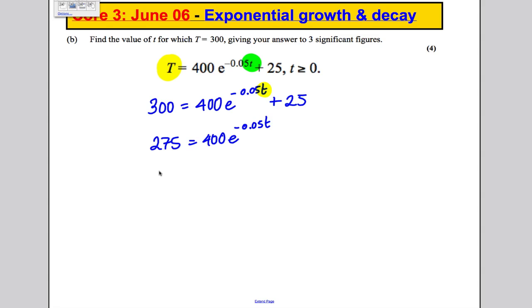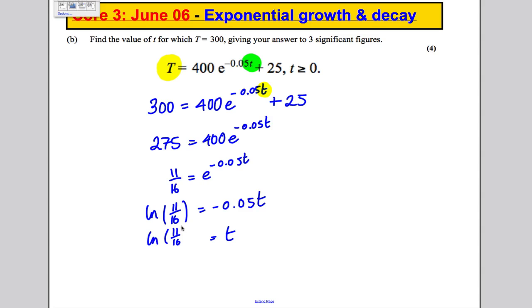Divide both sides by 400, so 275 divided by 400 is 11 over 16, so 11 over 16 is equal to e to the negative 0.05 t. Taking logs of both sides and bringing the negative 0.05 t down, we would have ln 11 over 16 is equal to negative 0.05 t, and therefore t is this ln 11 over 16, that answer divided by negative 0.05, and that would give us what t is.